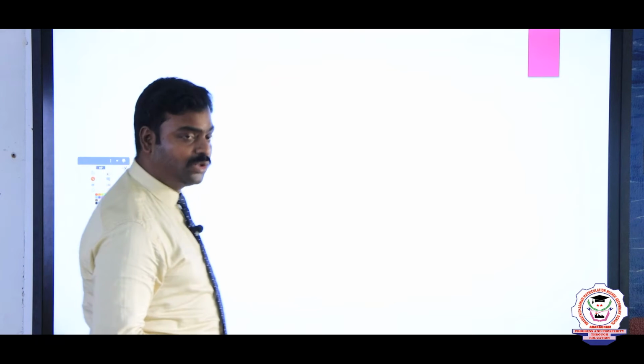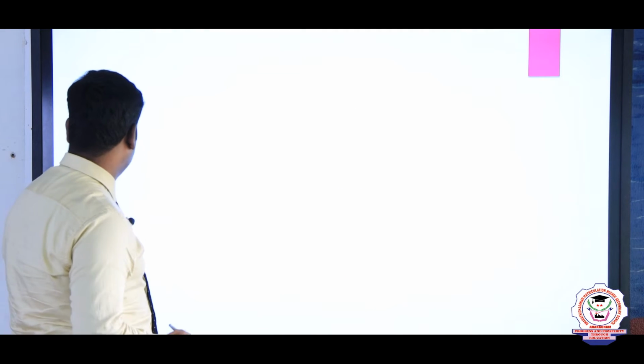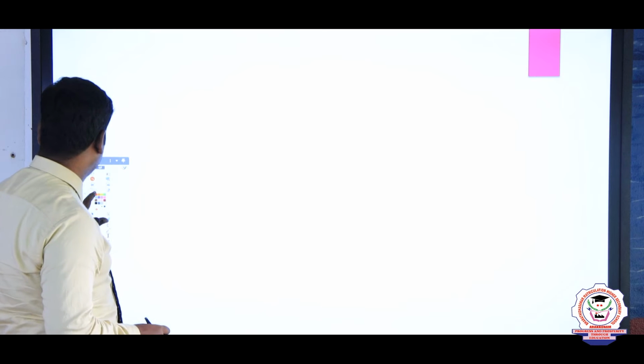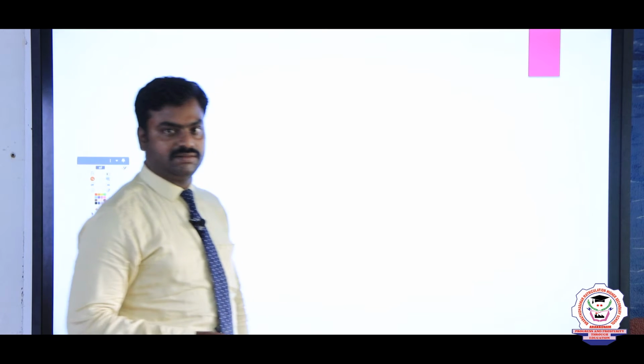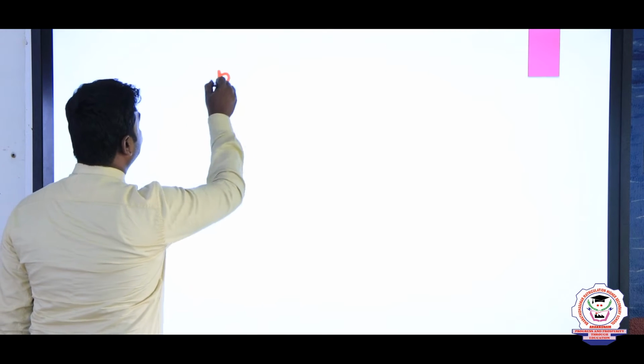Now, how to calculate the number of tetrahedral and octahedral voids in every unit cell? So, we have been discussing 3 different types of cubic unit cell. One is simple cubic or primitive.